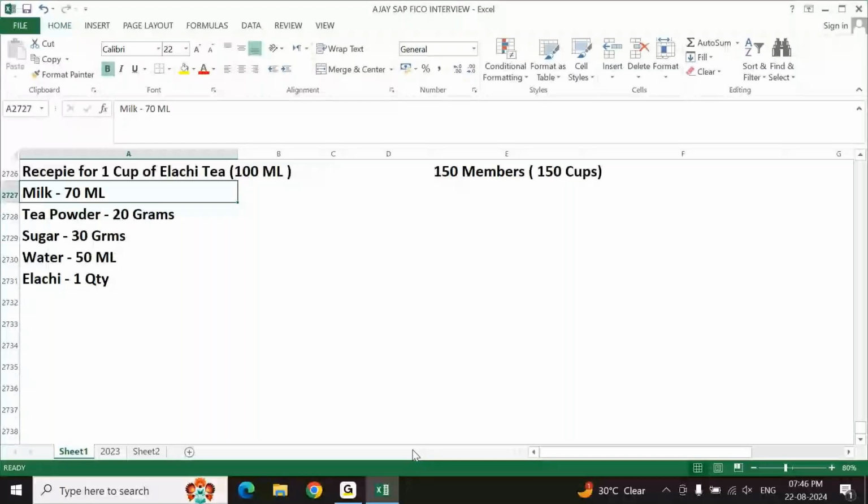By the time my 10th tea is done, 9 teas will become cold. By the time my 150 teas are done, 140 teas will be outdated, cold, unusable, undrinkable. Possible? Yes, sir. Because there are many things which will come into the picture when you are doing the manufacturing process, which you need to take into account. You can do it 150 times, but is it practically possible? Is it practically recommended?